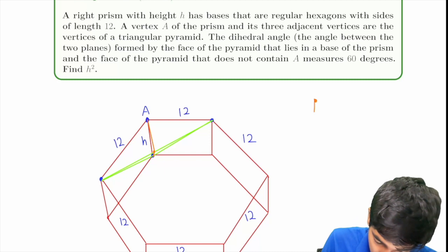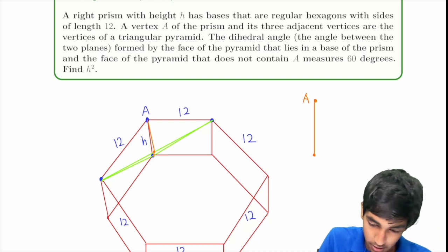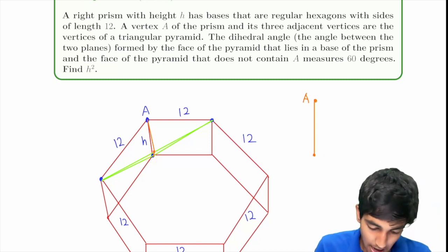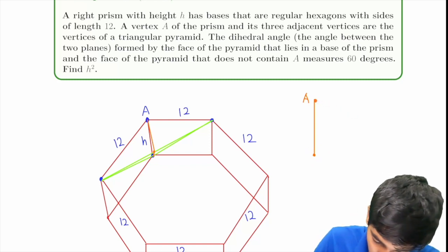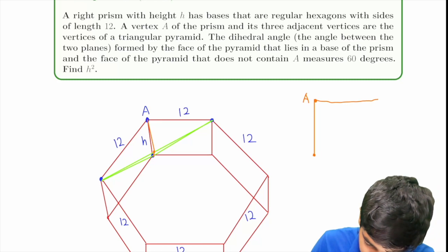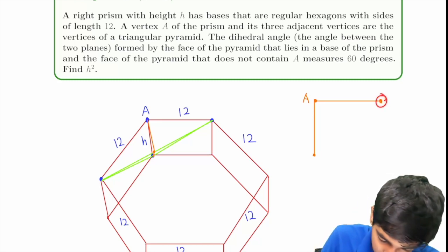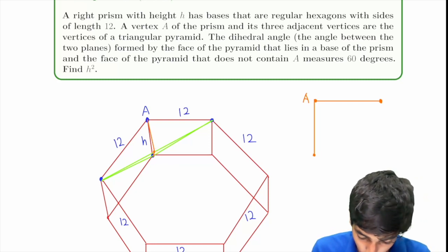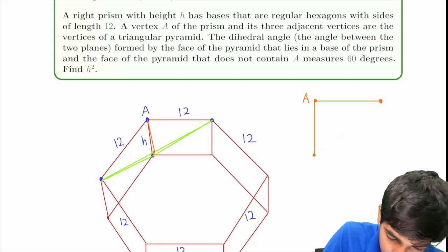So we've got, this is A, and this is the point below A. This thingy is the point below A. It's this point. And then we've got this face on top over here. This is the top face. This point is this point in our 3D diagram. And what all this is saying is that this angle is 60 degrees.